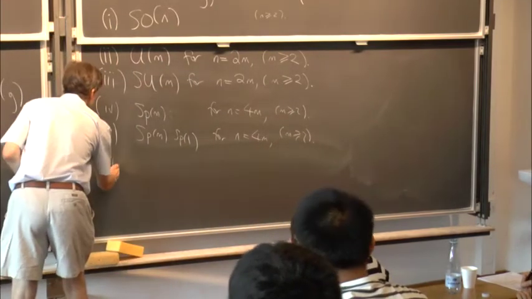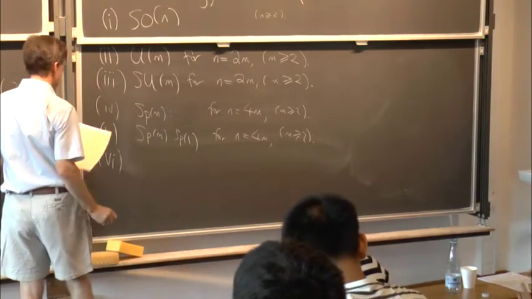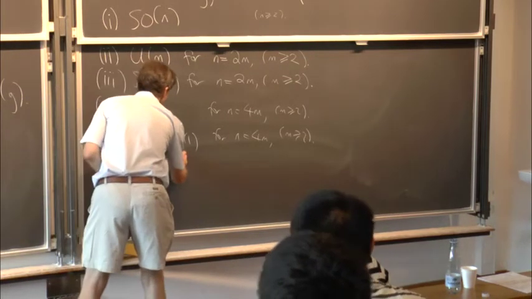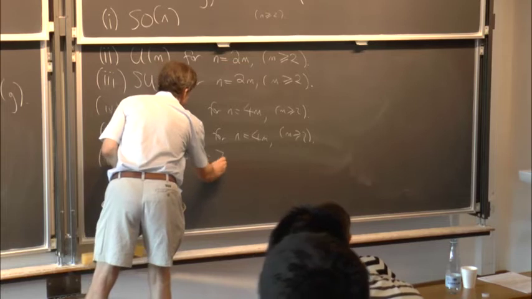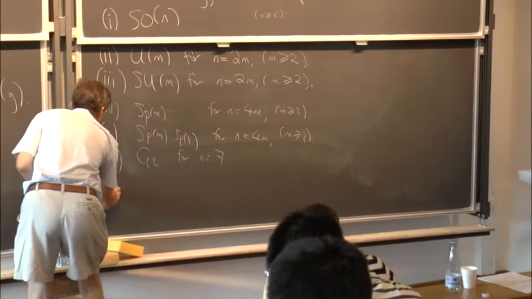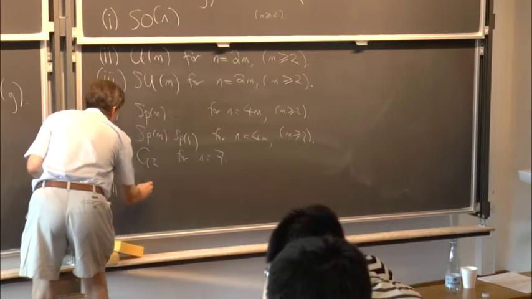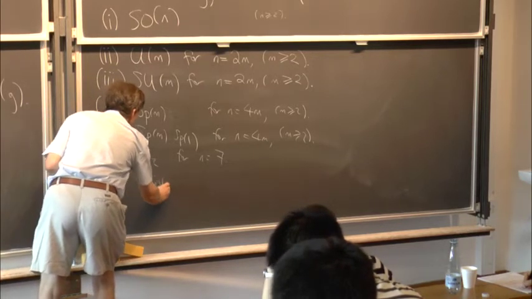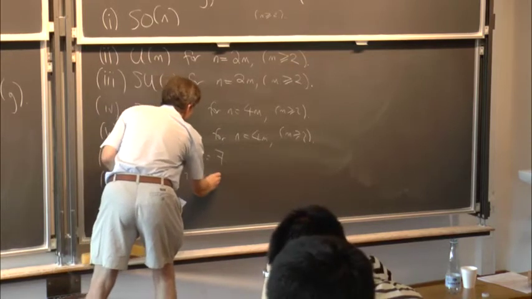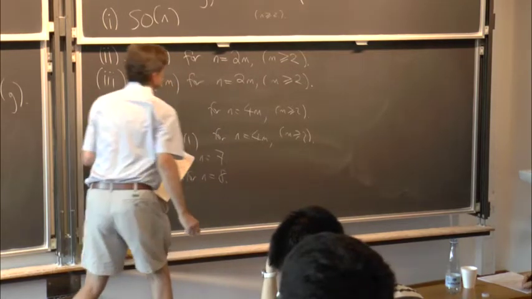Sixth is G2, now only if n is 7, and seventh is Spin(7) for n is 8.